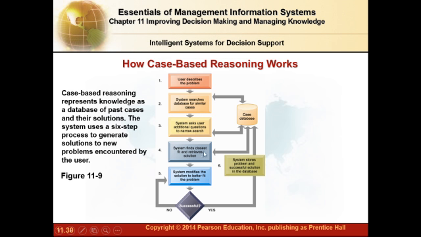Fourth, the system finds the closest fit and retrieves the solution. Next, the system modifies the solution to better fit the problem. If successful, the system will store the problem and successful solution in the database. So those are the steps in case-based reasoning.